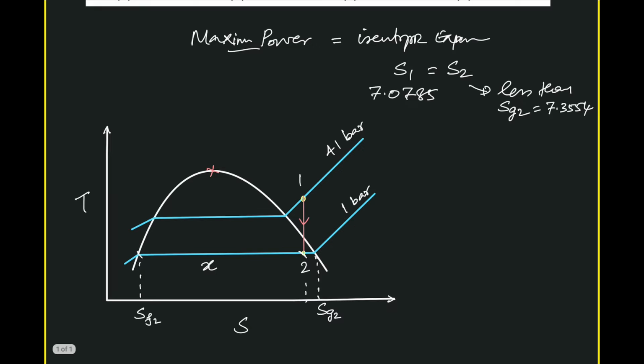We are given the inlet pressure condition of 41 bar and the exit is at 1 bar. The entropy at 1 is 7.0785 kilojoule per kg Kelvin, and the entropy at 2 is also the same value. The entropy of saturated vapor corresponding to this condition is 7.3554 kilojoule per kg Kelvin.